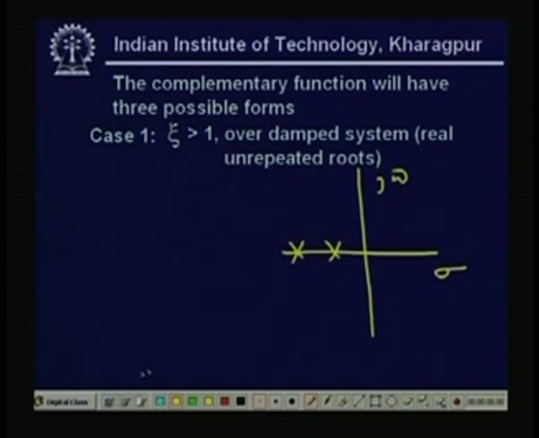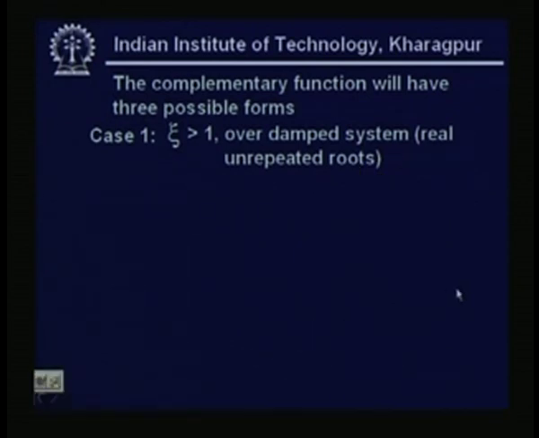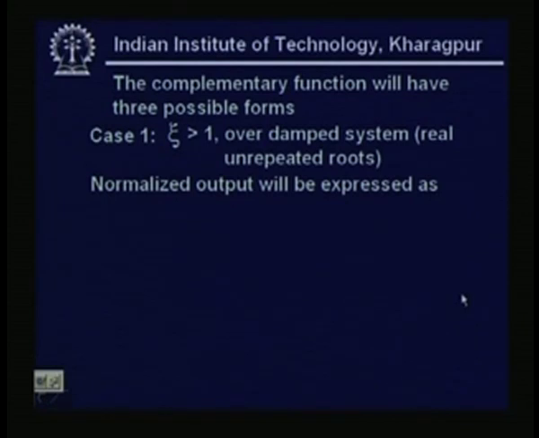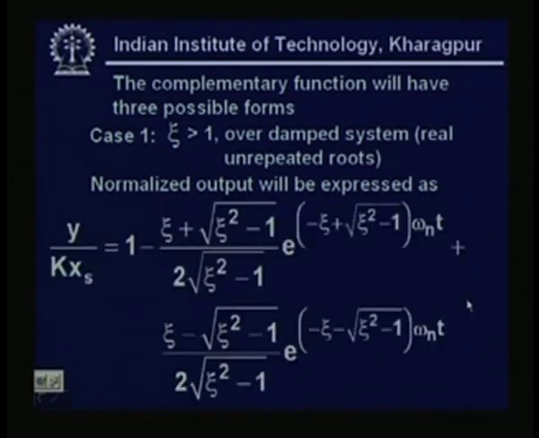The normalized output will be expressed as y upon k xs equal to 1 minus [(xi plus square root of xi squared minus 1) upon 2 square root of xi squared minus 1] multiplied by e to the power minus (xi plus square root of xi squared minus 1) omega n t, plus [(xi minus square root of xi squared minus 1) upon 2 square root of xi squared minus 1] e to the power minus (xi minus square root of xi squared minus 1) omega n t.